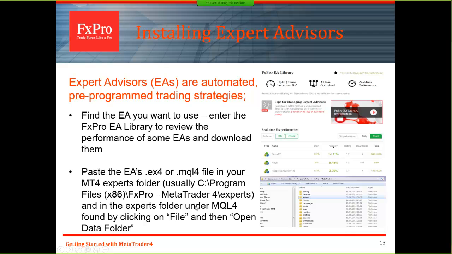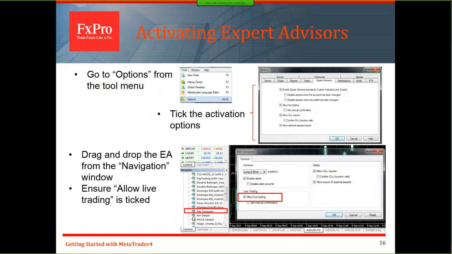And you also need to paste the EX4 or MQL4 in the experts folder under MQL4, found by clicking on File and then Open Data folder from the terminal. Now, once you've pasted the EA in the experts folder, it should appear on your MT4 platform the next time you reopen it.